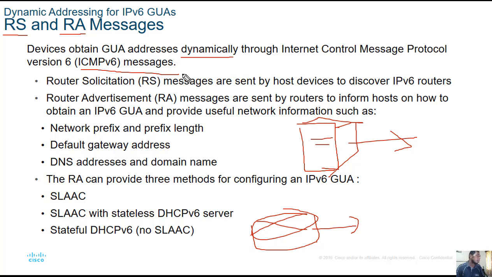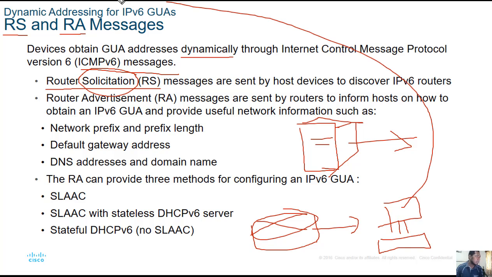So DORA. With router solicitation messages, they are sent by host devices. By the way, this word solicit, that's another word for ask, which means that clients, let's say this is a client device here, will send a router solicitation message. As a host device, as a client, it's going to send an RS message, looking for an IPv6 enabled router.